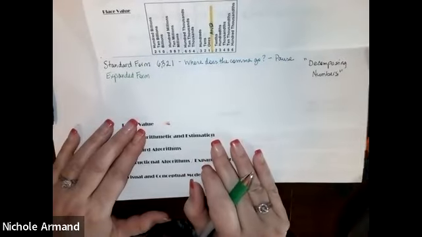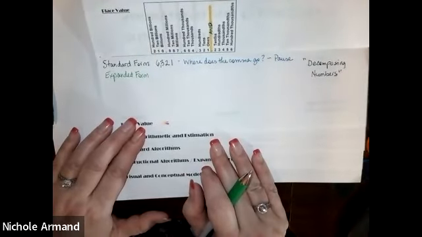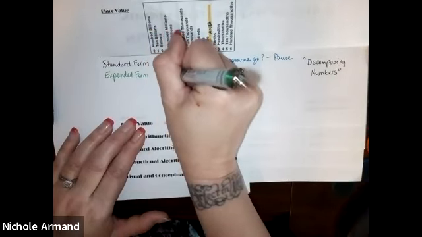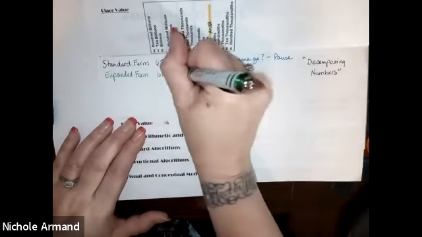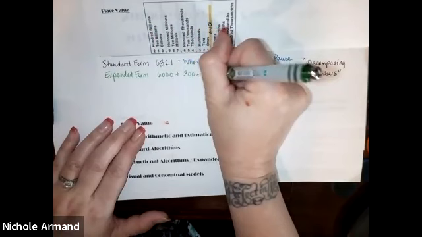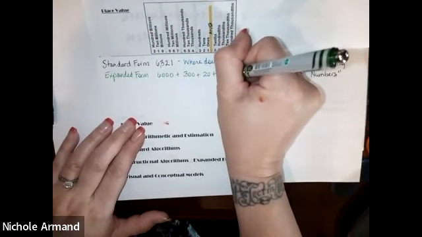So expanded form, and we're just going to say that this is 6,000 plus 300 plus 20 plus 1.